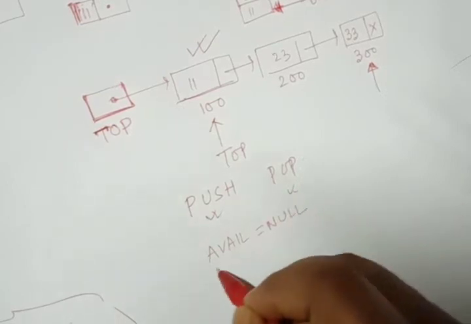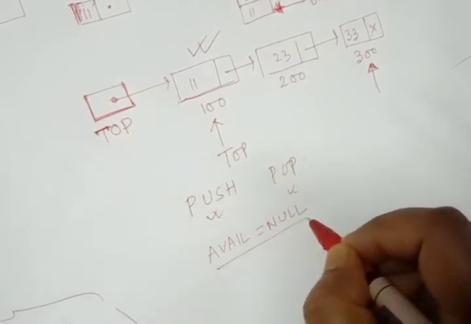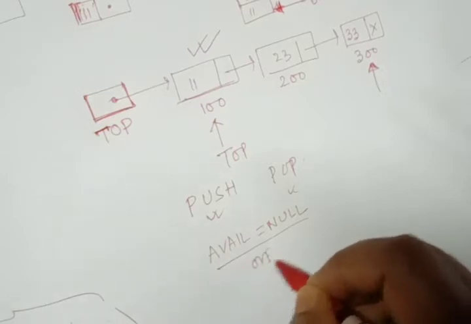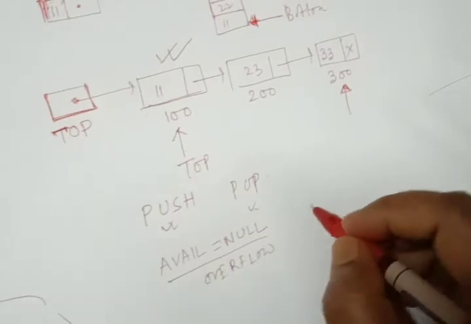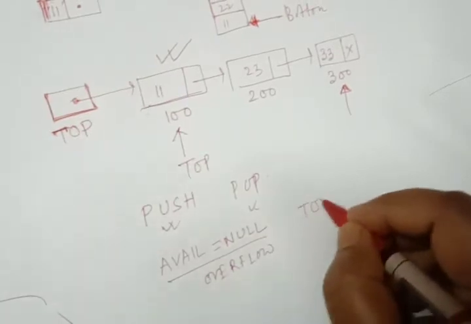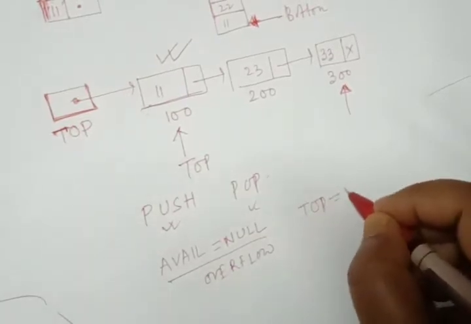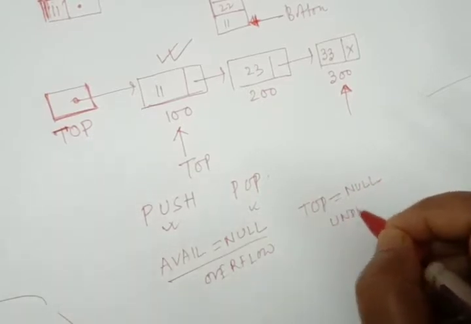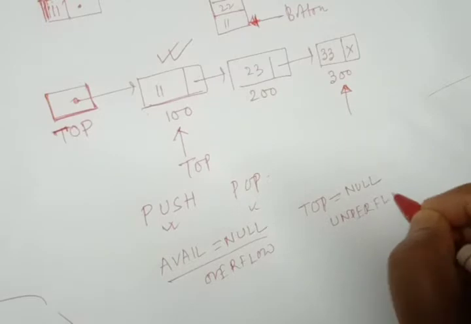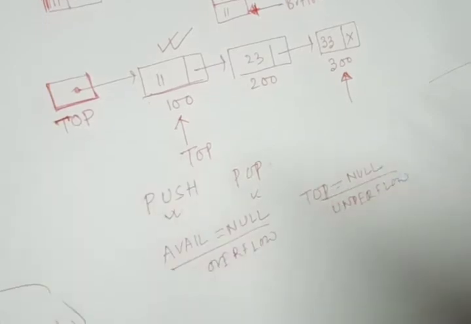So if avail is null, that means overflow, and if top is null, like start in a one-way list, underflow will occur.